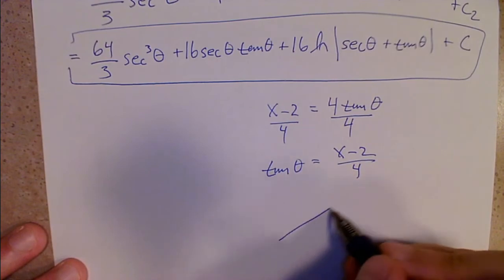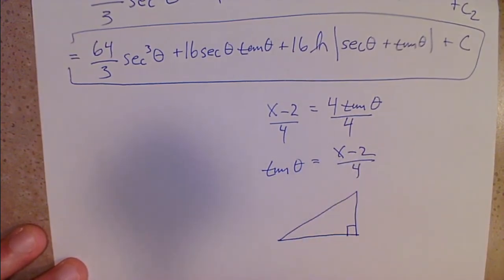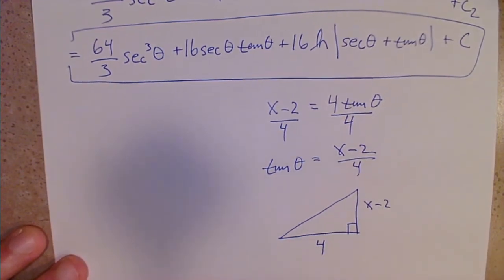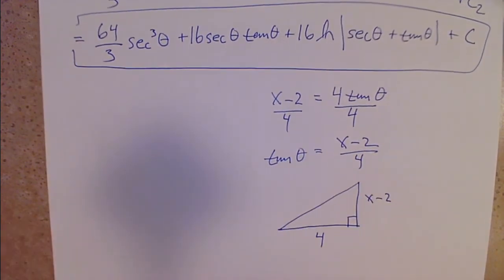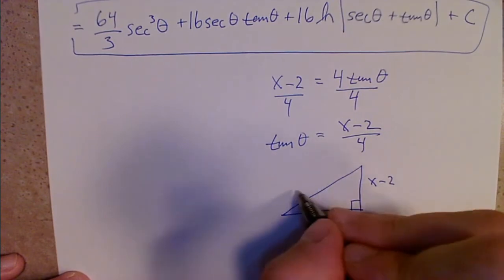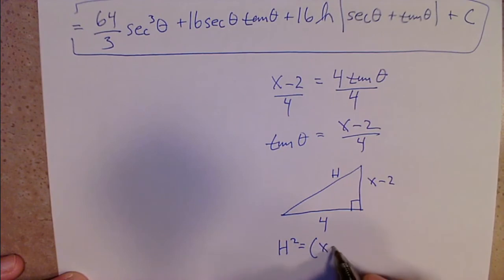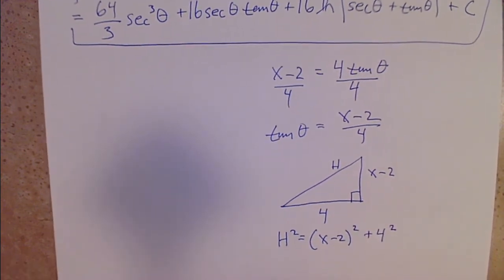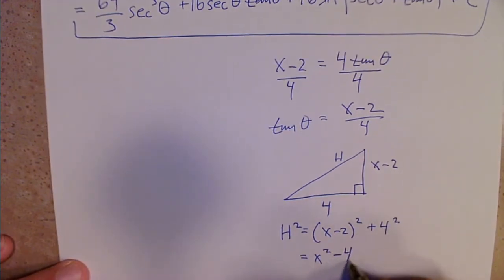So remember what tangent is, back from trig. We got a right triangle right here. Tangent is opposite over adjacent. So this is x minus 2, and that's a 4. And so I'm probably going to need the hypotenuse at some point, and we'll call that h. H squared is x minus 2 squared plus 4 squared. And so that's x squared minus 4x plus 4 plus 16.